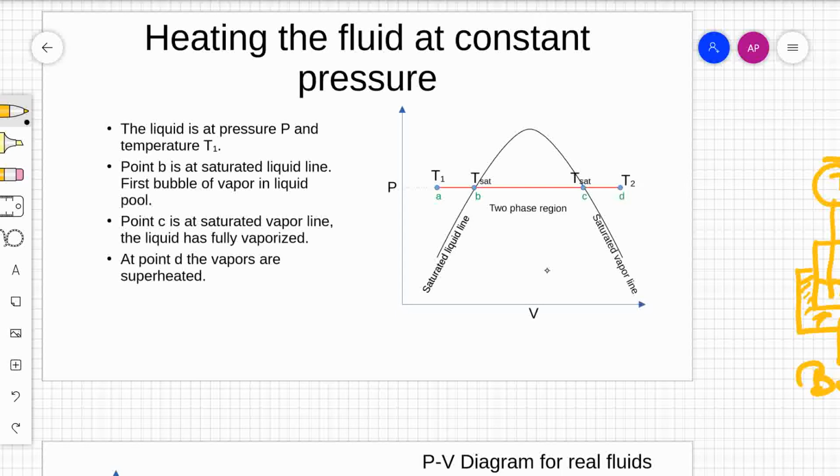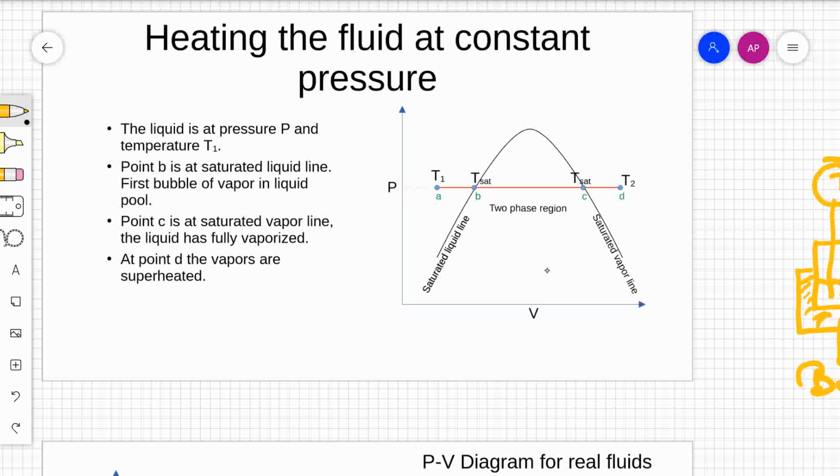As we give parts of latent heat, parts of the fluid start vaporizing off. What I mean by that is, if we give half of the latent heat, then only 50% of the fluid will get vaporized off. If I give 25% of the latent heat, only 25% of the fluid will get vaporized off. So this two-phase region represents the partial transfer of latent heat.